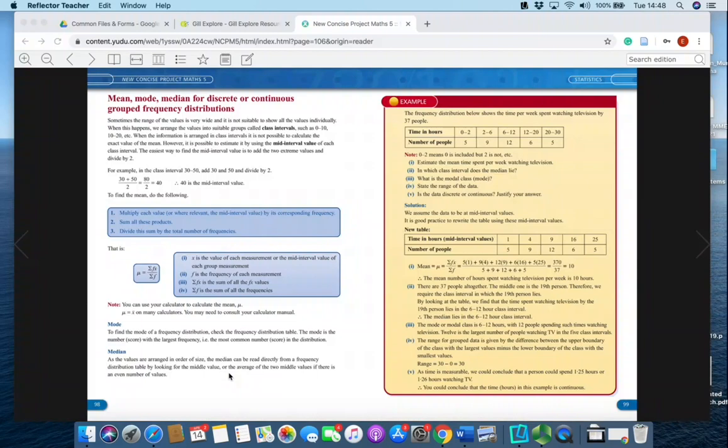The frequency distribution below shows the time per week spent watching television by 37 people. Let me stop sharing for a second so that you get a chance to read that question, and I'll just draw the table.